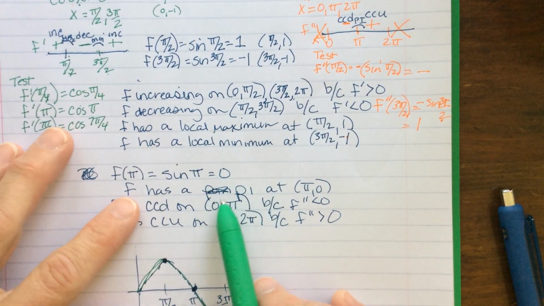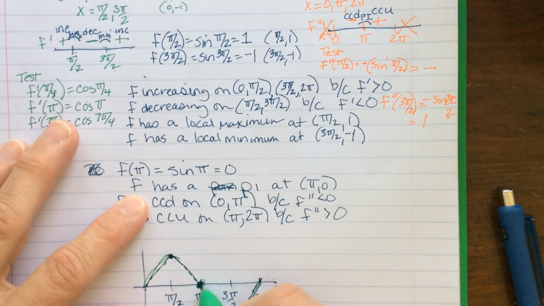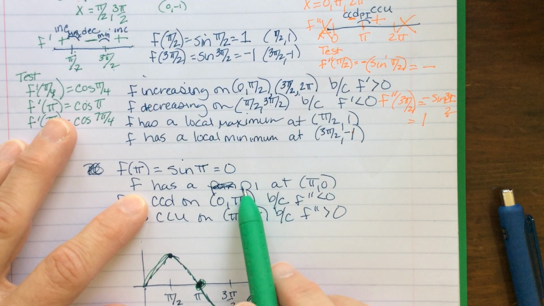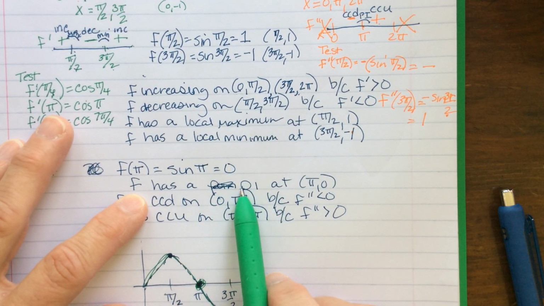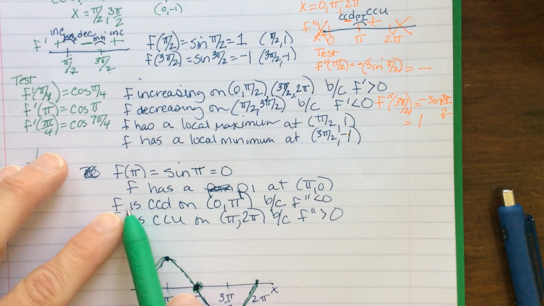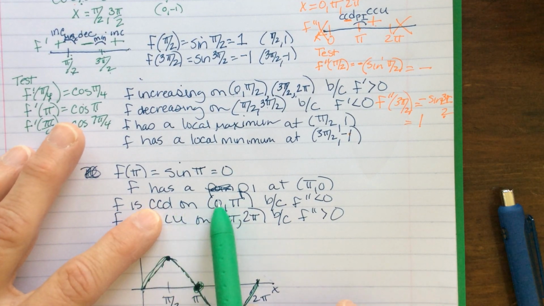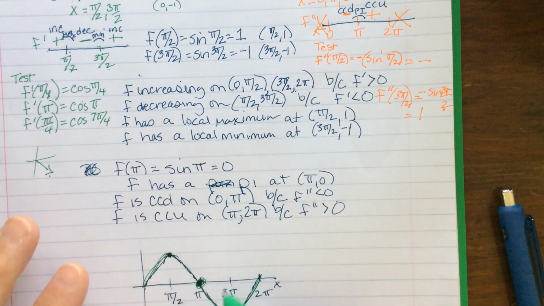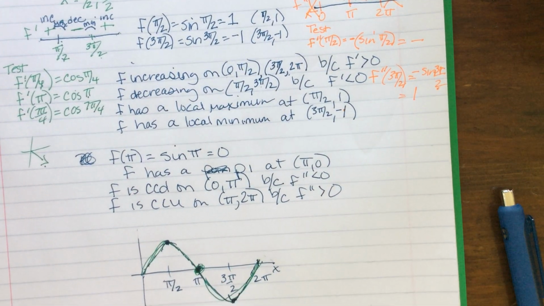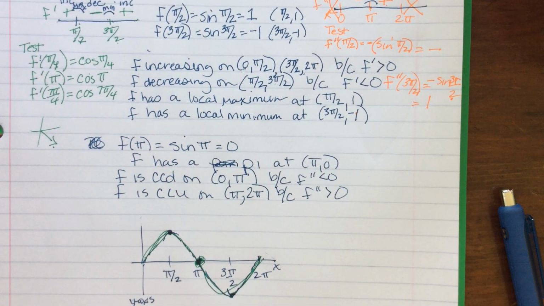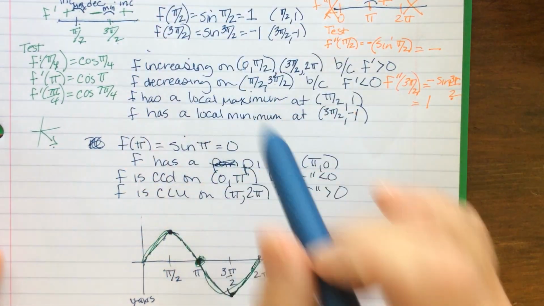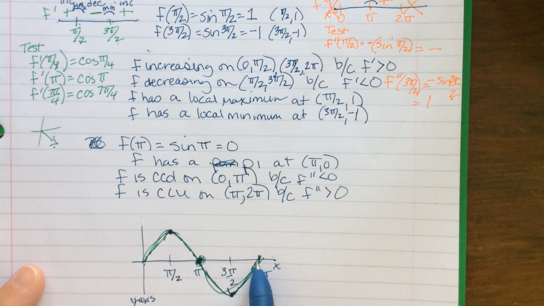You'll notice that f has this point of inflection, which means the graph of the original function is going to change concavity, and we know that f is concave down on 0 to pi, which it is, and concave up from pi to 2 pi. So if this particular function, we knew what the graph would look like.